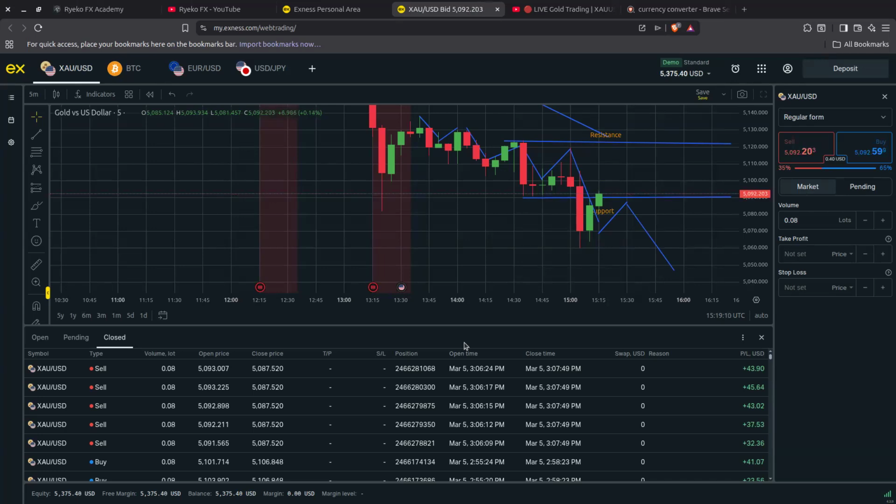Support is when the buyers are pushing the price to go up. Resistance is when the sellers are trying to push the price to go down. There are only three ways you make money: you make money by buying, by selling, or in support and resistance.